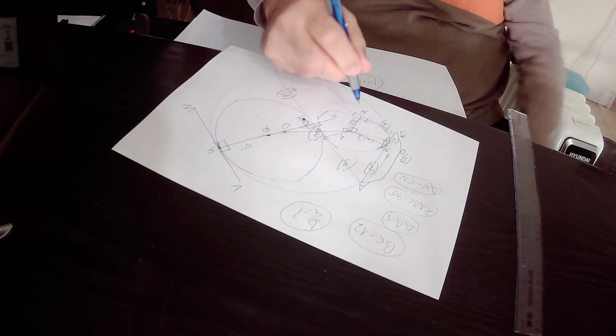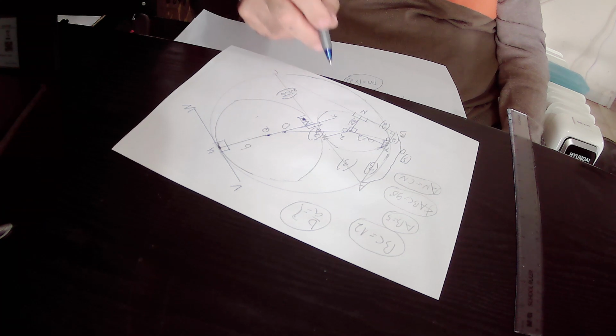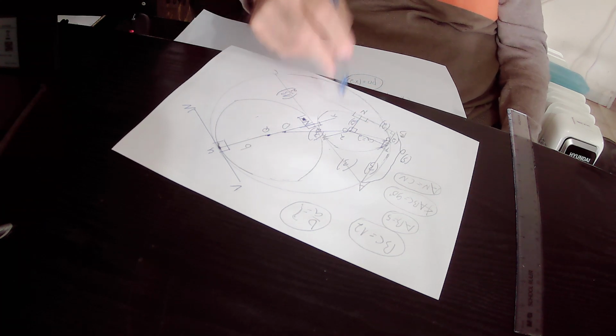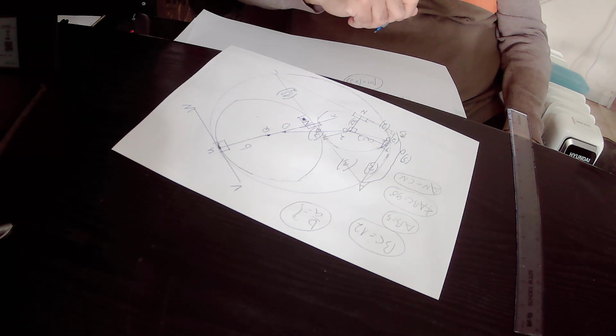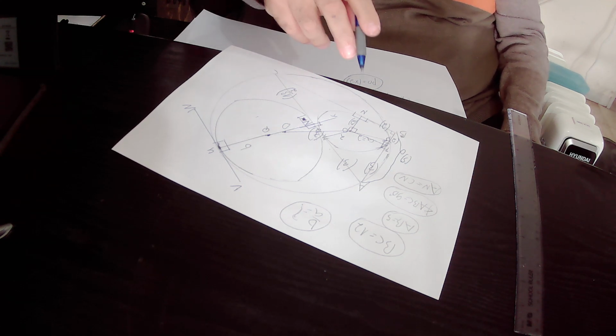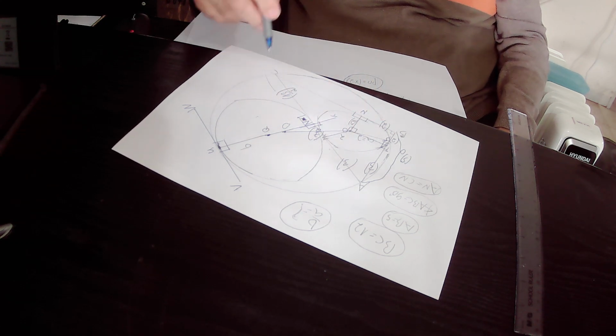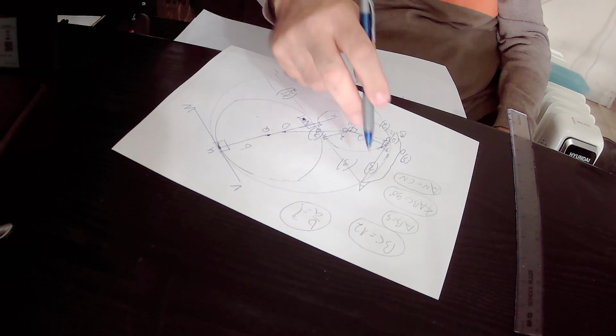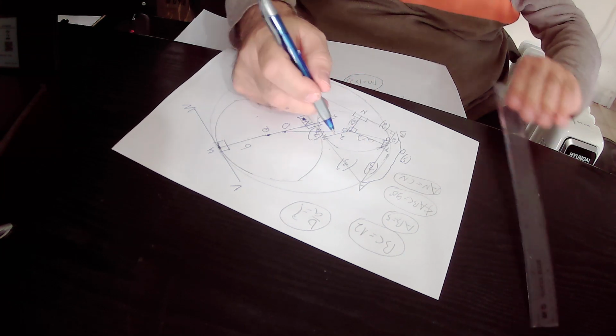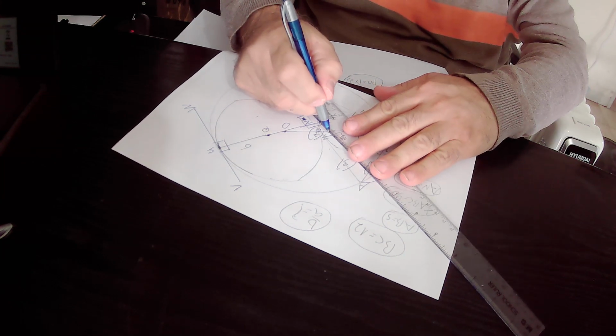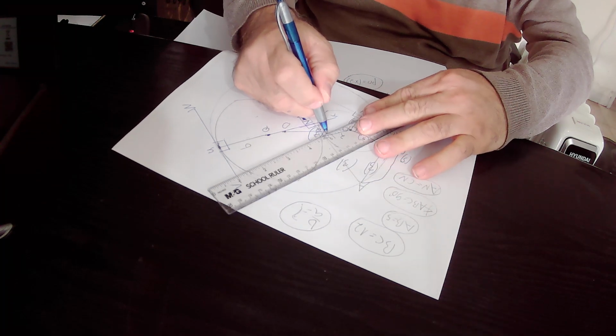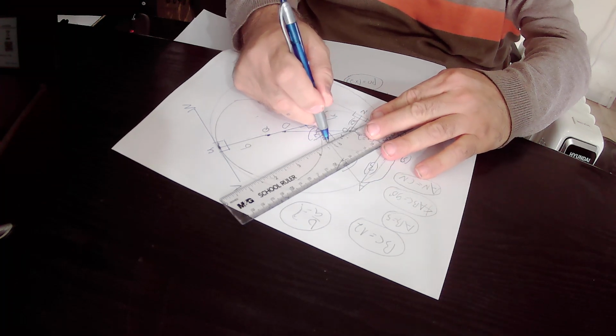The radius PM is drawn to point M, the point of tangency of tangent AC, and whenever you have a radius drawn to the point of tangency, the tangent AC will be perpendicular to the radius MP. If AC is perpendicular to MP, it means that this angle equals 90 degrees and this angle equals 90 degrees.